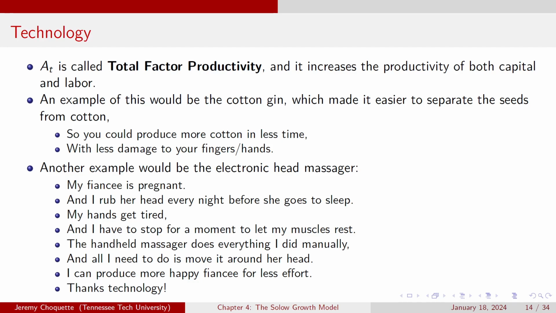But when I do that, my hands get tired, and I don't complain. I'm not going to say, oh my god, babe, my hands are so tired, when she's cooking up this other human being inside of her. I'm not about to be that much of an ass. But my hands do get tired. I have to stop for a minute to let the muscles rest, especially my right hand for some reason. Maybe it's because I'm getting old.